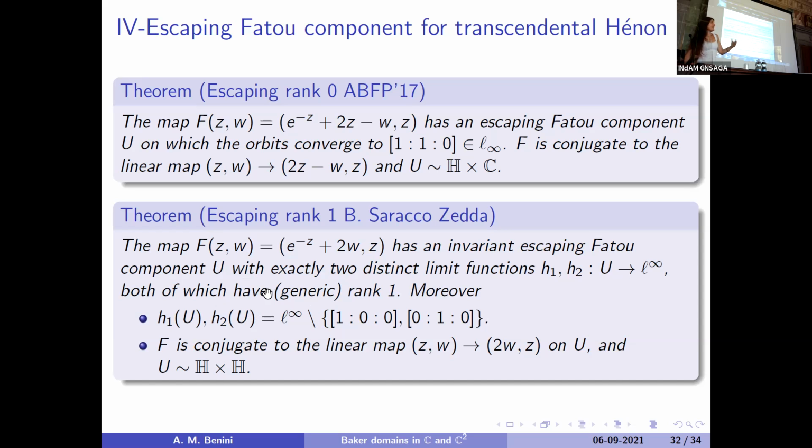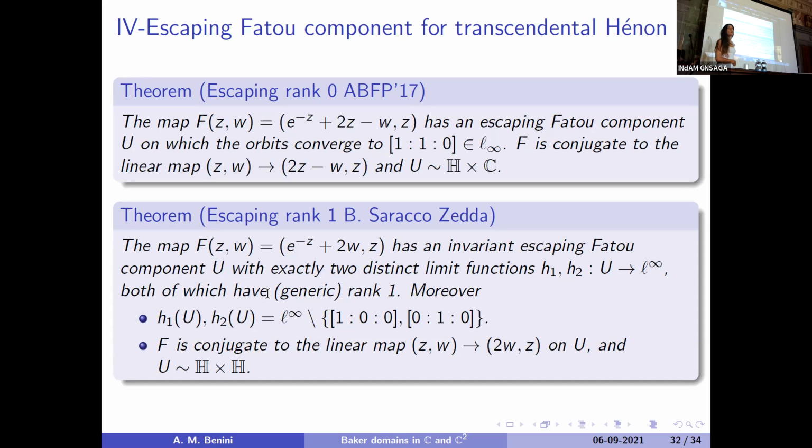So this helps us understand a new type of dynamical behavior that you can have on Fatou components which converge to a rank one manifold, to a manifold of dimension one. And then just to complete the picture of what we know about escaping Fatou components, you can also construct escaping Fatou components whose limit functions are points on this line at infinity.